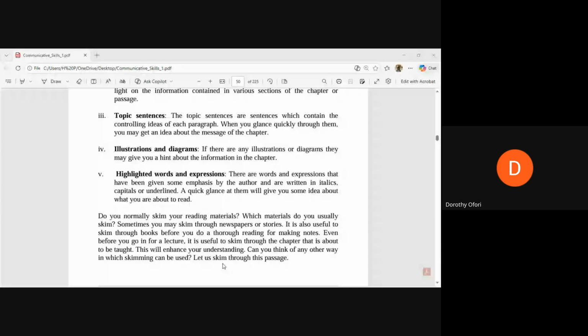You just glance through and that's all. Sometimes too, skimming is useful when you want to revise an already read material. So you've read the material last year, or two years ago, but you cannot get the whole gist because it's been years and we've read a lot. So you want to go through, you can use skimming.